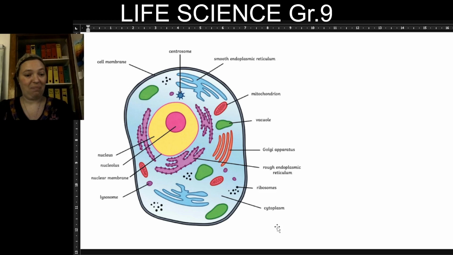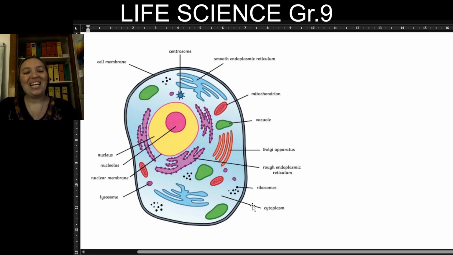Same thing. The cyto has to do with a cell. So cytoplasm, a liquid inside the cell. And inside the nucleus, we also have plasma, so it's the nuclear plasm.